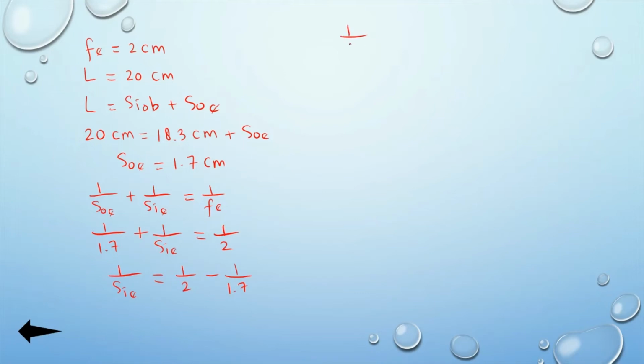The equation becomes 1 over SIE equals 1 over 2 minus, remember, 1.7 centimeter equals 17 over 10. So 1 over 1.7 equals 10 over 17. Now the equation will become 17 minus 20 over 34.